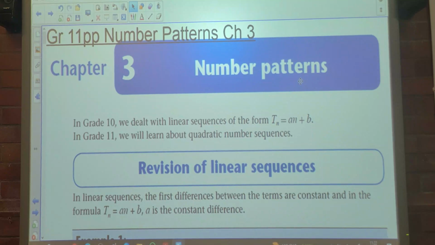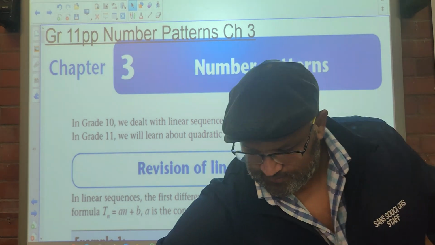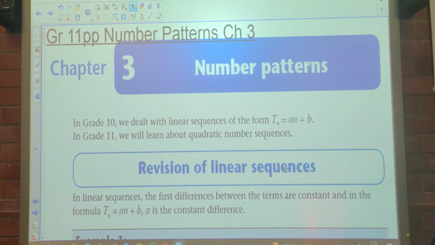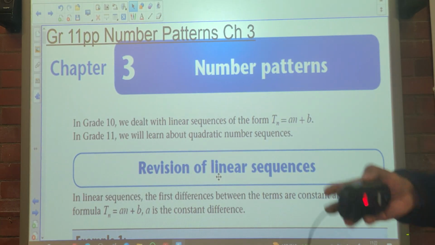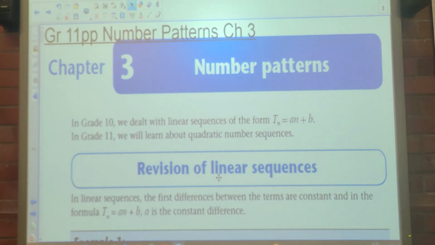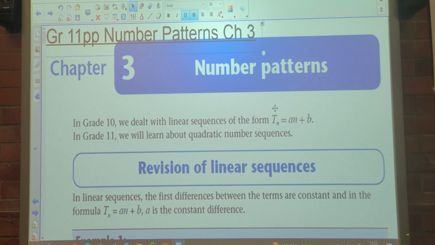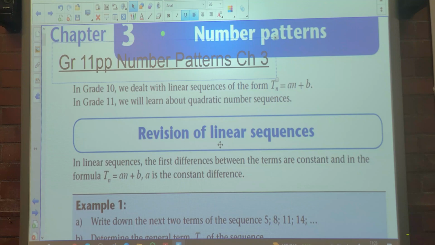Okay, good morning. So today we're looking at number patterns. At this point you guys have gone through last year's videos, so we're just going to redo the examples, okay?